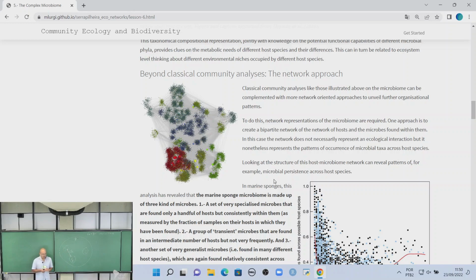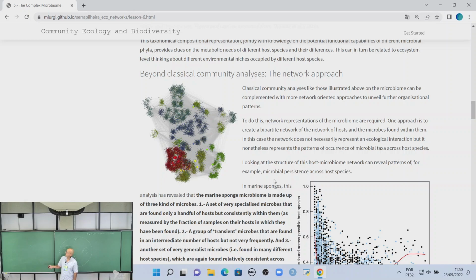In particular, what people do is create networks of bacterial occurrences within hosts. So here is an example of an OTU, or bacteria-sponge network, in which, I don't know if you can see this, there are some nodes that are a little bigger than others.